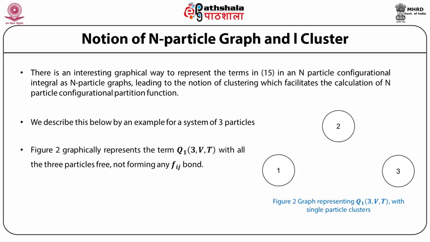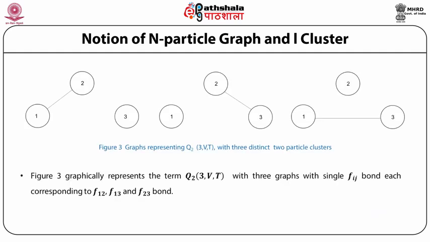Figure 2 shows graphically the term Q1(3,V,T) with all the 3 particles free, not forming any fij bond. Figure 3 graphically represents the term Q2 with 3 graphs with a single fij bond, each corresponding to the f12, f13 and f23 bond.